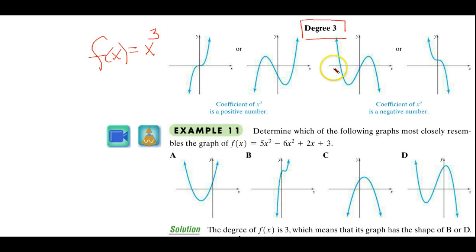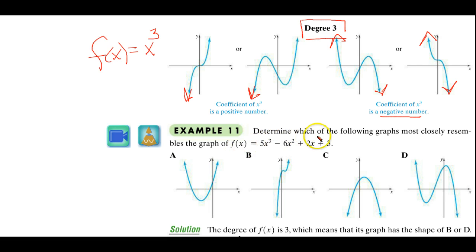Now, if the coefficient is a positive number, it's going to start low and go up. It might swoop down a little bit like this one, but it's coming from down this way initially. These are if the coefficient of x to the third is positive. Now, if it's a negative number, then it's starting high on this end and ending up going down. Notice the difference. So again, just take some notes, do a quick sketch of these, and put them in your notes.